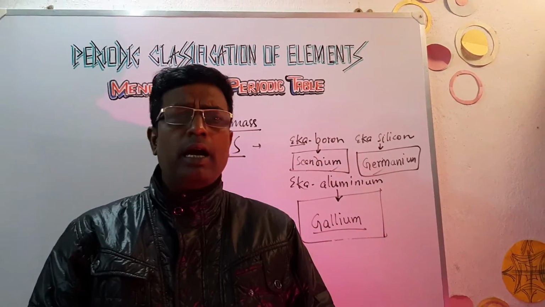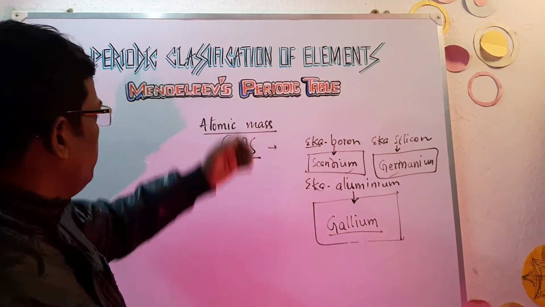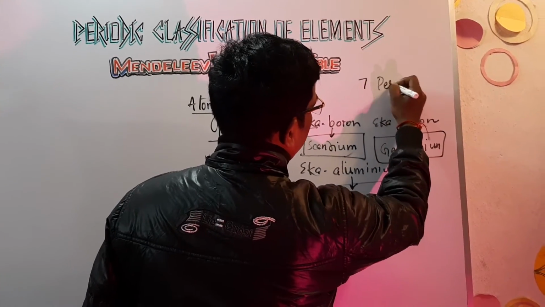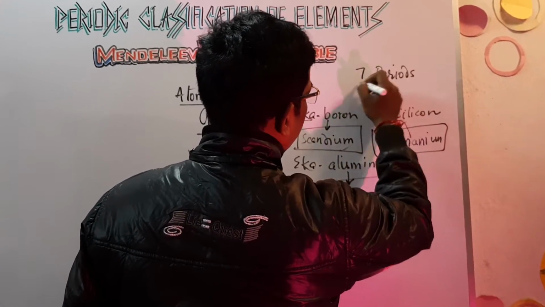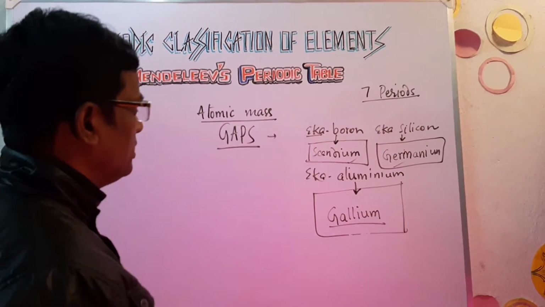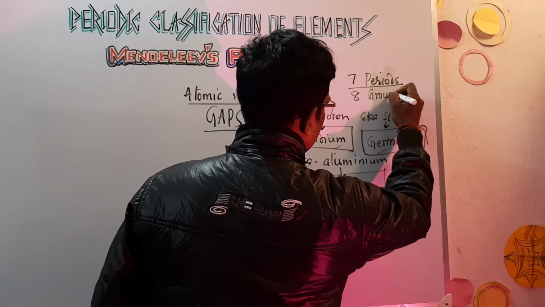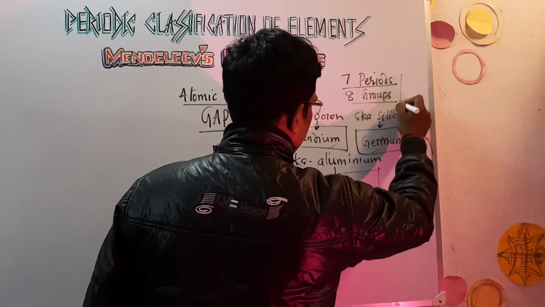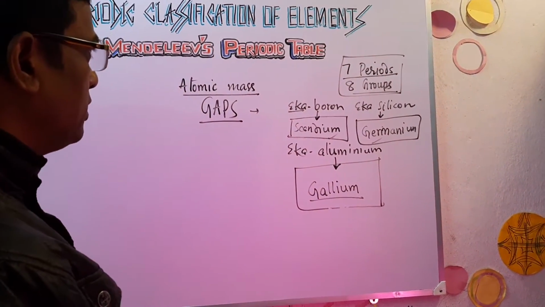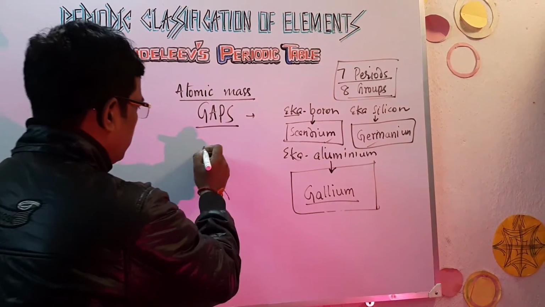Some of the highlighted features of Mendeleev's periodic table: it consists of 7 periods, the horizontal rows in which the elements were arranged in terms of increasing atomic masses, and 8 groups. Yes, 8 groups. The elements present in the same group had the same number of valence electrons. For example, lithium, sodium, potassium were members of group 1.